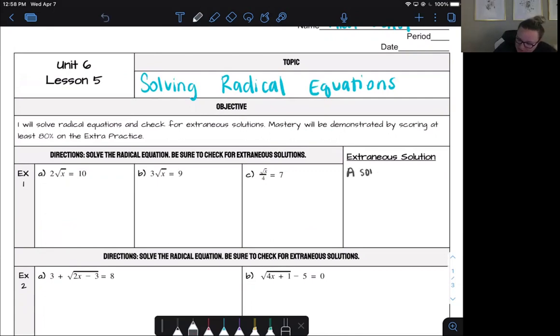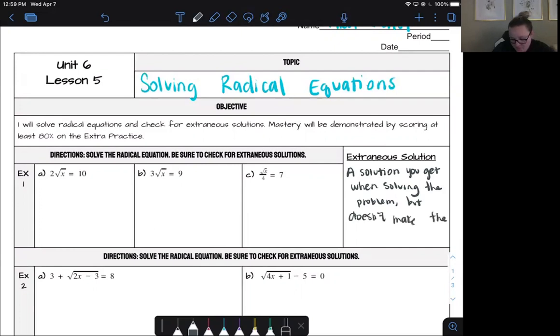Remember, it's a solution that you get when you solve the problem, but it doesn't actually make the equation true. So we're just jotting that definition down just to remind us what an extraneous solution is.